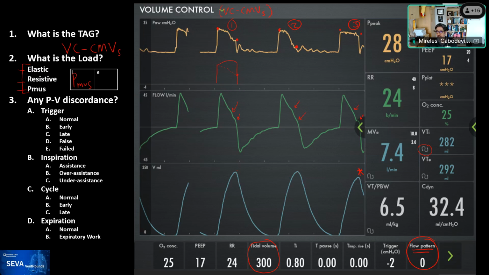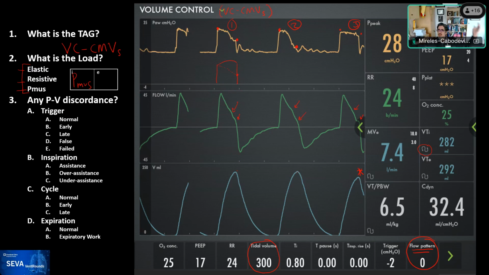Normal is a standard deviation that is huge. Is it elastic, resistive, or PMOS? It's difficult to say. Seems that there's some PMOS, but maybe not sure. That's a good question.